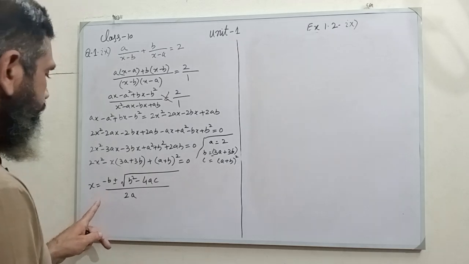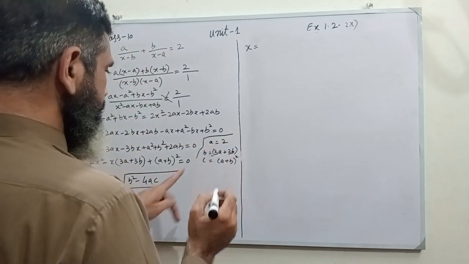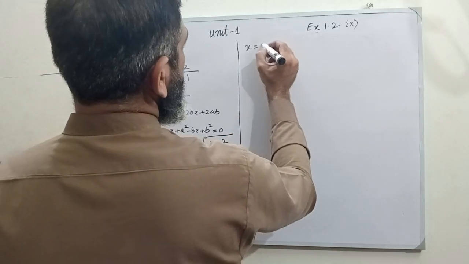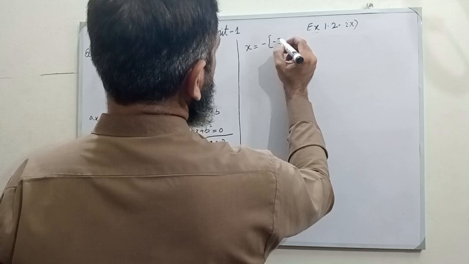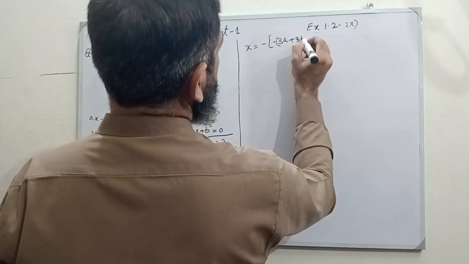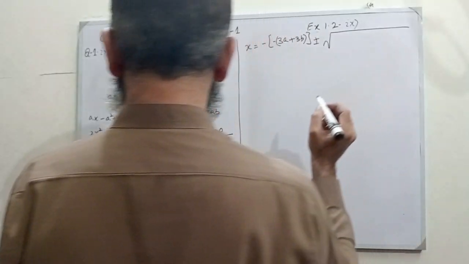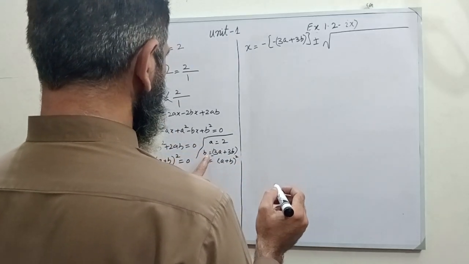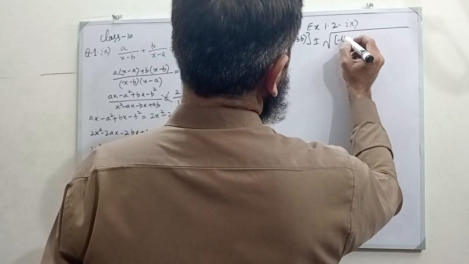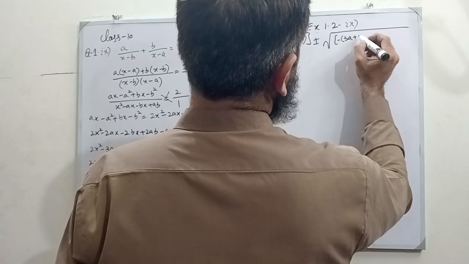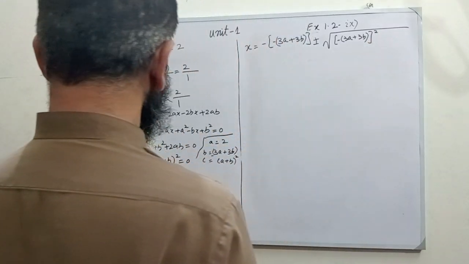So putting the value of a, b and c, here x is equal to, what is the value of b? The value of b is minus 3a plus 3b, okay. So plus minus under root b square. What is the value of b square? B square is minus 3a plus 3b whole square, this minus b square.